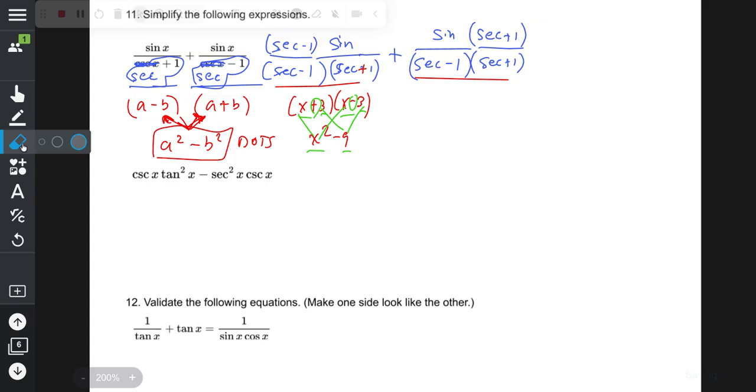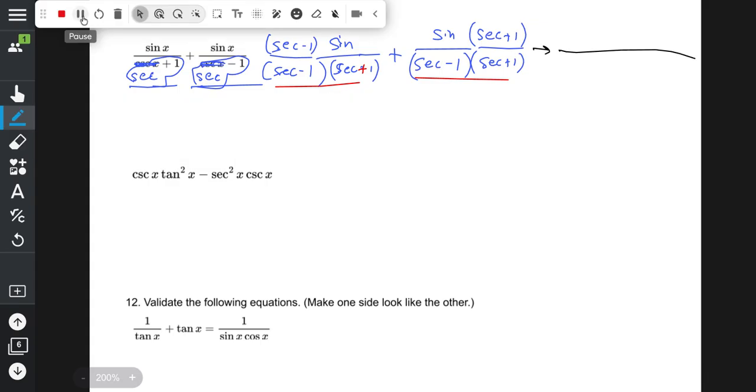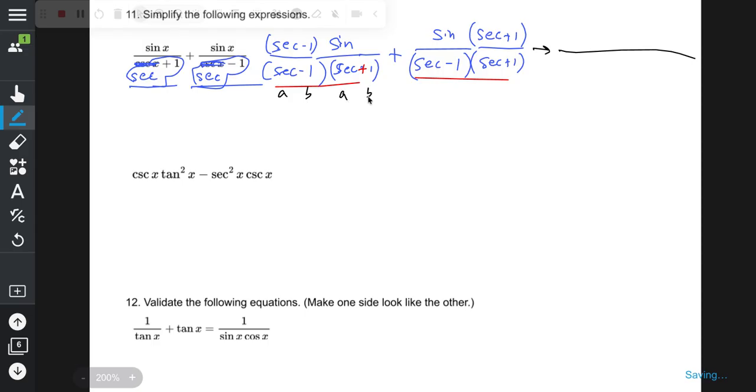Okay. So what we have on the bottom, here's our A and B, A, B, is a squared, which is the secant squared, minus b squared, which is 1 squared. That's what we have as our denominator, and they're both the same. But on top, we have this long thing.